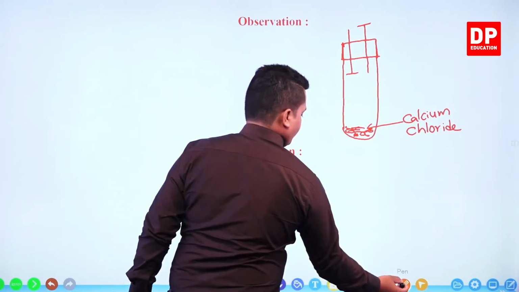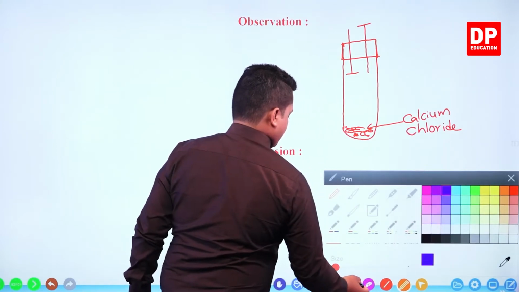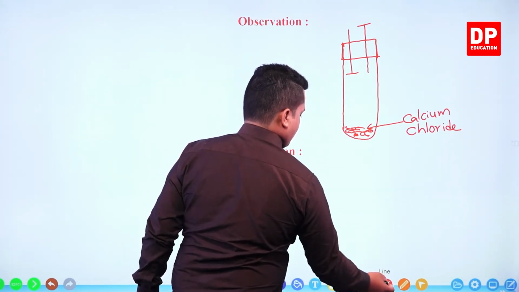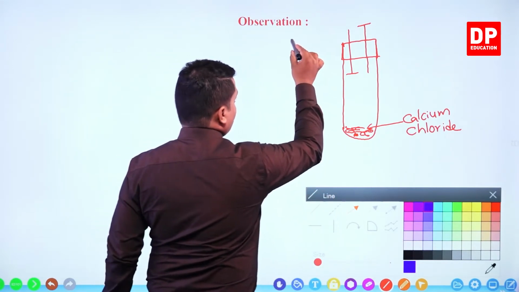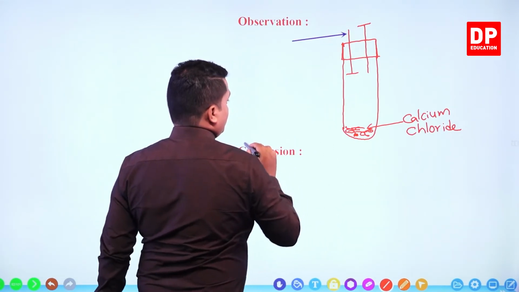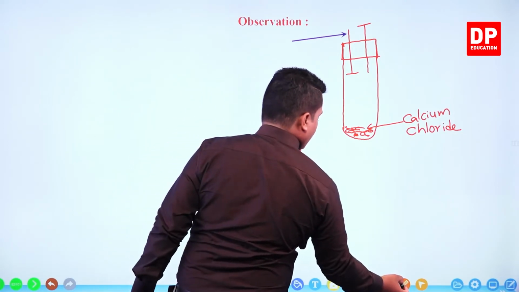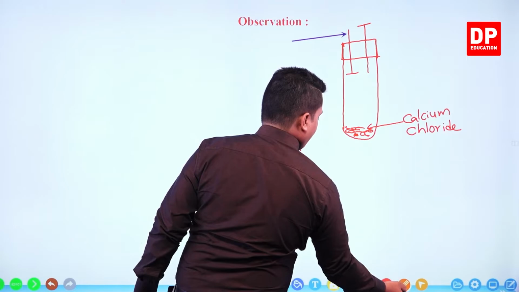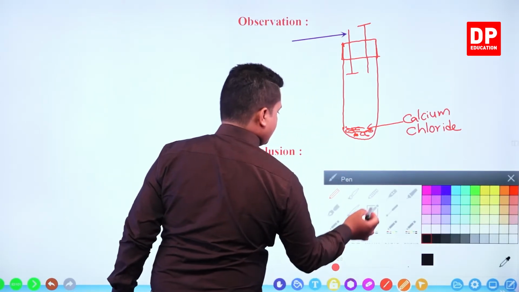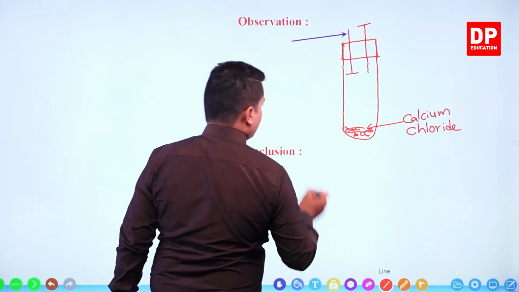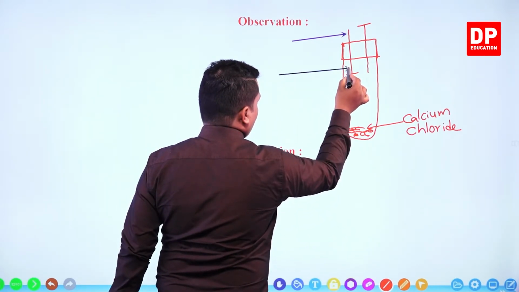So in these areas, means in the top part, right? In this top part you can observe iron rust, and in the bottom part, right, in the bottom part there is no iron rust. In this part there is no iron rust.